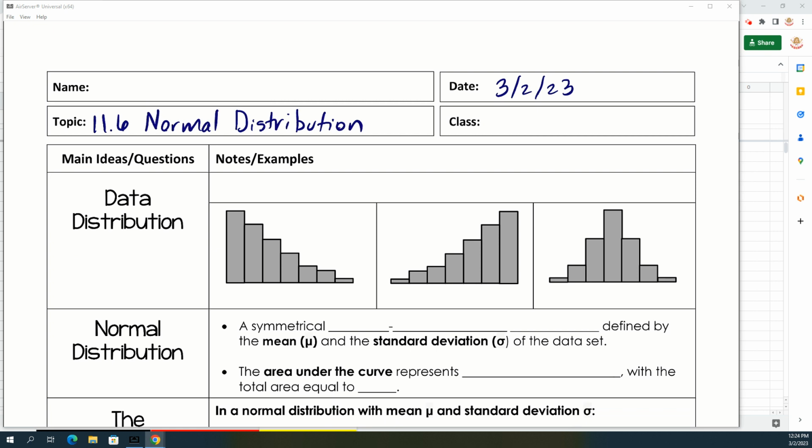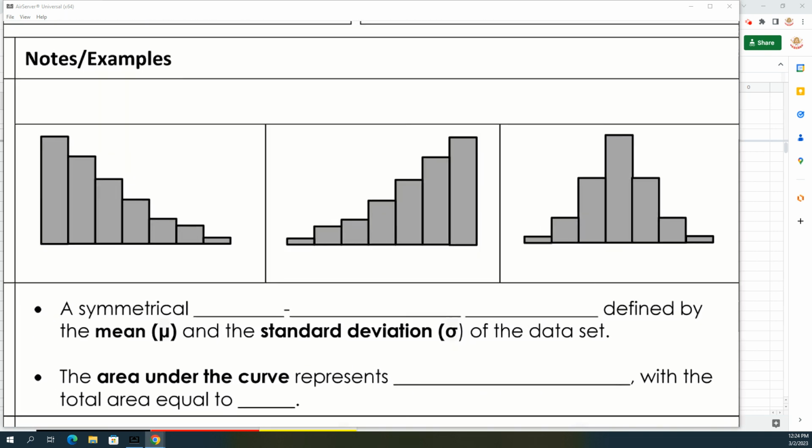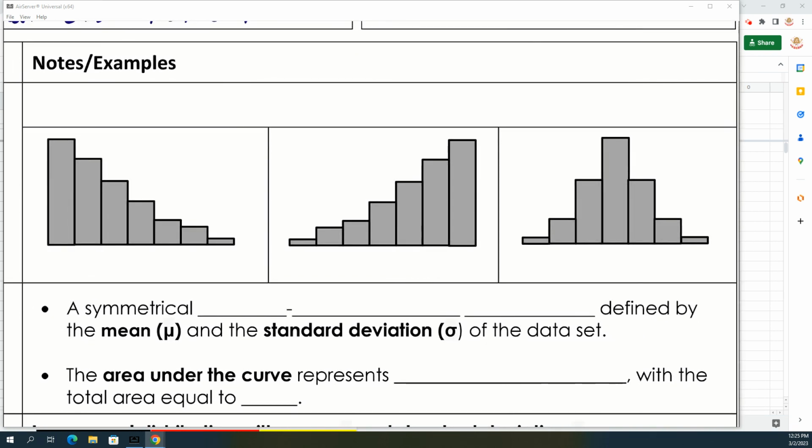And so these three diagrams are of how some data is distributed. The first two are skewed. Data is skewed on the side that it's too short, if that makes sense. So if you're looking at this first one, is it too short on the positive side or too short on the negative side? The positive side.